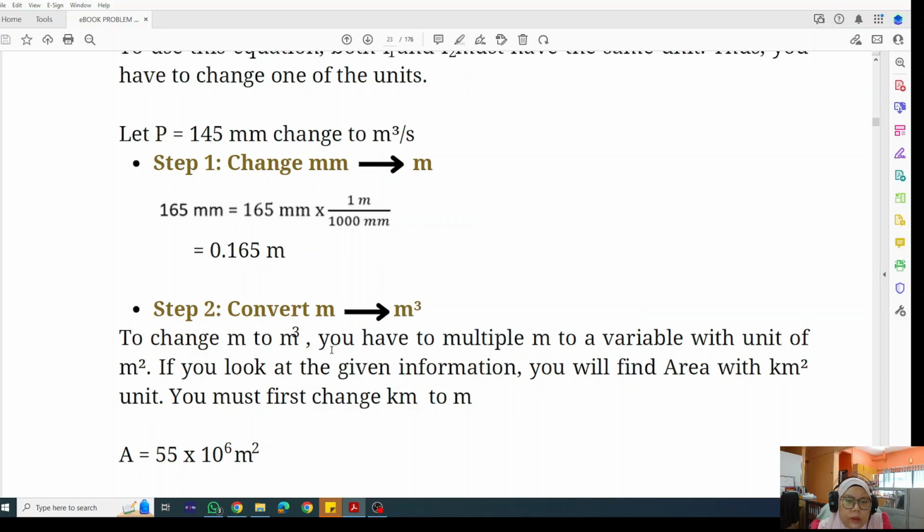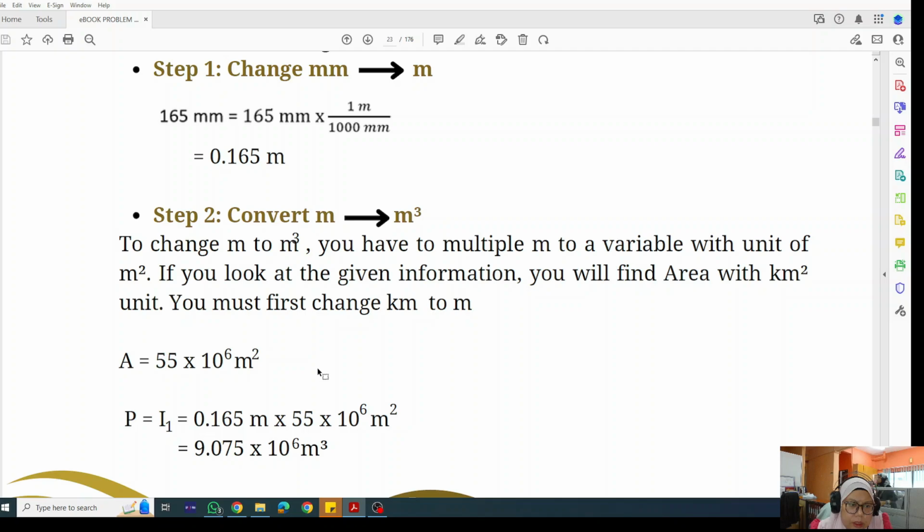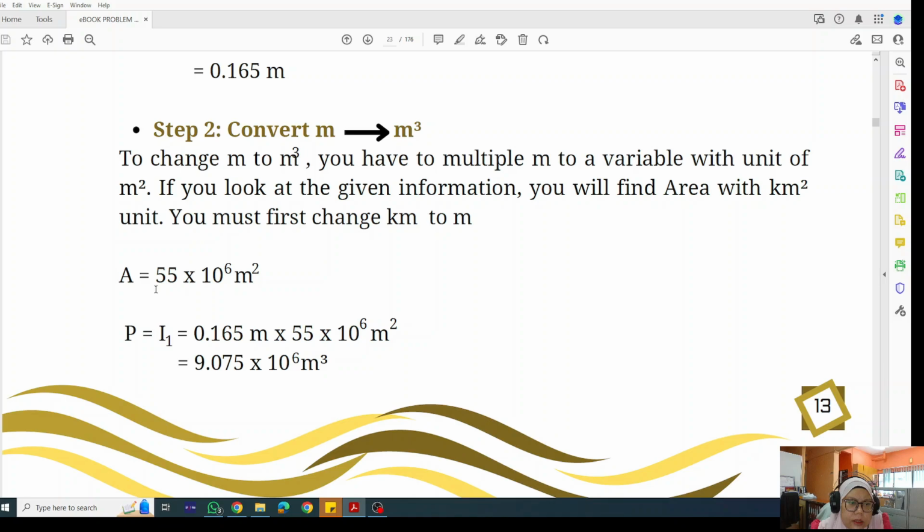What information will give you a unit in meter cube? In this question, the given area is 55 times 10 to the power of 6 meter square.